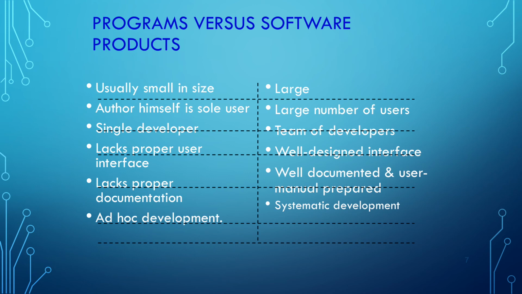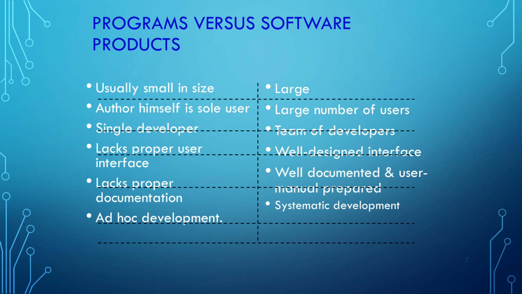You can analyze this, nothing complex here. It lacks a proper user interface, a well defined interface. It is obvious that as the size of the program increases, it becomes difficult for a single user to optimize, to get a proper interface, and to do proper documentation. It will also lack proper documentation.